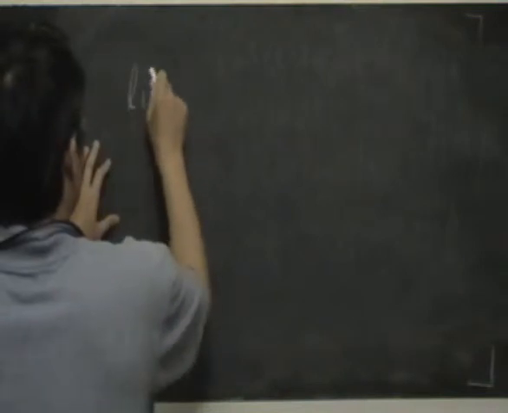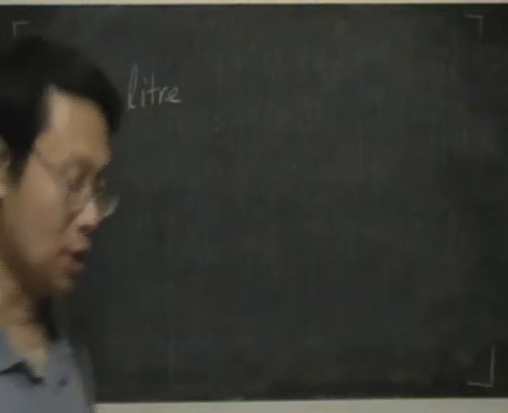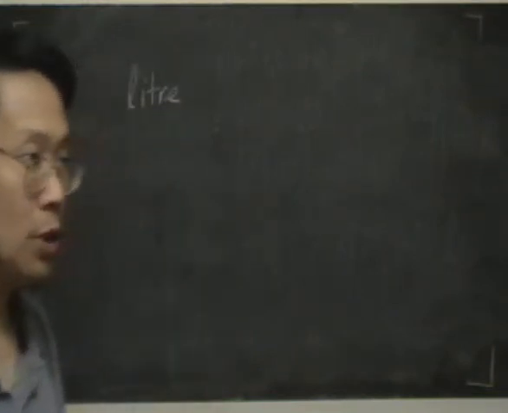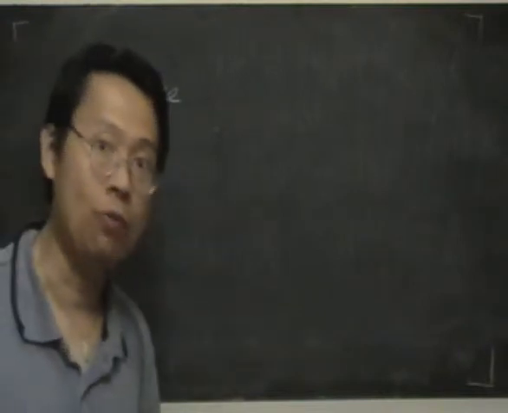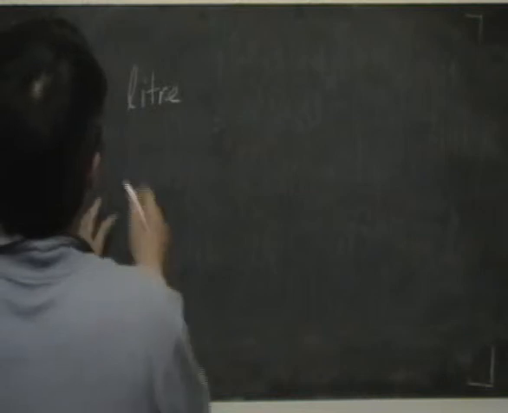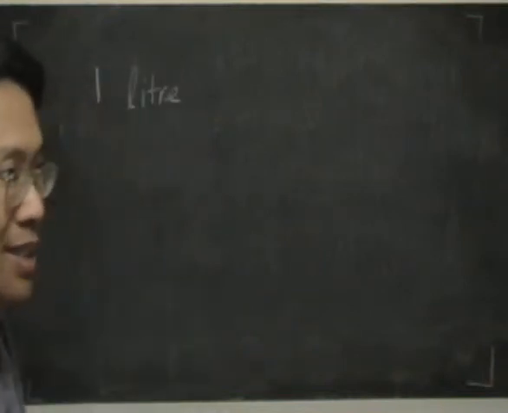Right. So this is liter, L-I-T-R-E. So liter is a unit that is often used to measure the volume of a liquid or a gas as well. Right, so what is 1 liter? How is it related to centimeter cubed or meter cubed?